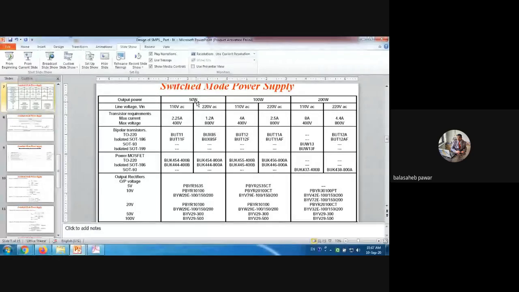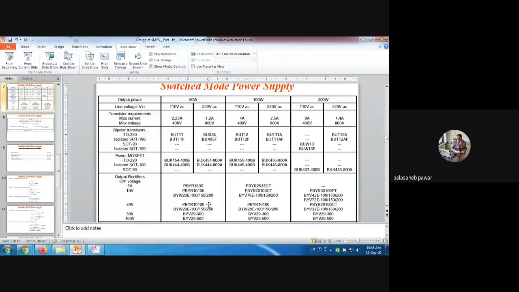So if it is 5 volt, then you have to prefer this diode, PBYR1635. Or you can check the features or details of all these components mentioned in this table. Right? Similarly for 10 volt, if your SMPS output is 10 volt DC, then you can go for these diodes. If it is 20 volt, then the diode is separately mentioned like this.